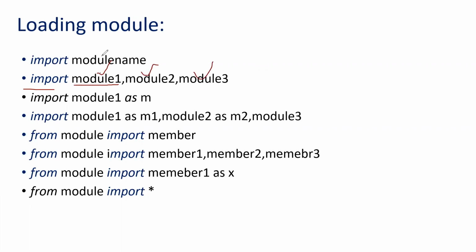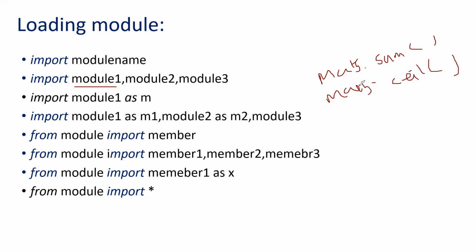As in the previous case, we take math, random, datetime. After importing, we need to write the module name and access the method, that is sum or ceil, like that. We need to write math, but now I don't want to write math again. Math is a simple four-letter word.